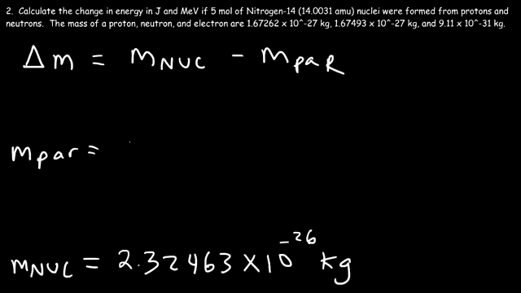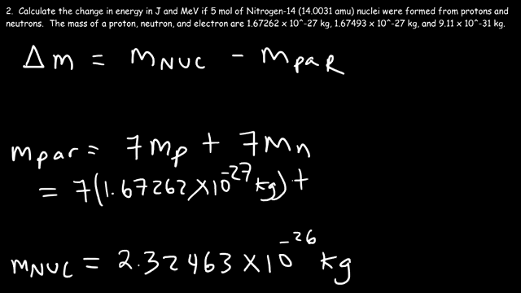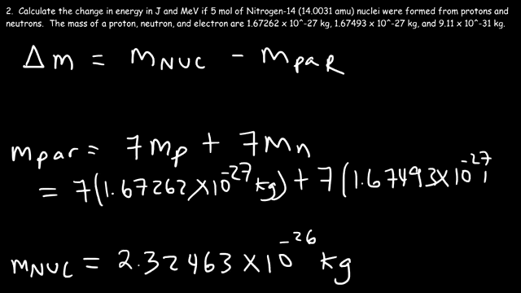And so we said that nitrogen-14 has 7 protons and 7 neutrons. So the mass of a proton is 1.67262 times 10 to the negative 27 kilograms. And then the mass of a neutron is 1.67493 times 10 to the negative 27 kilograms.